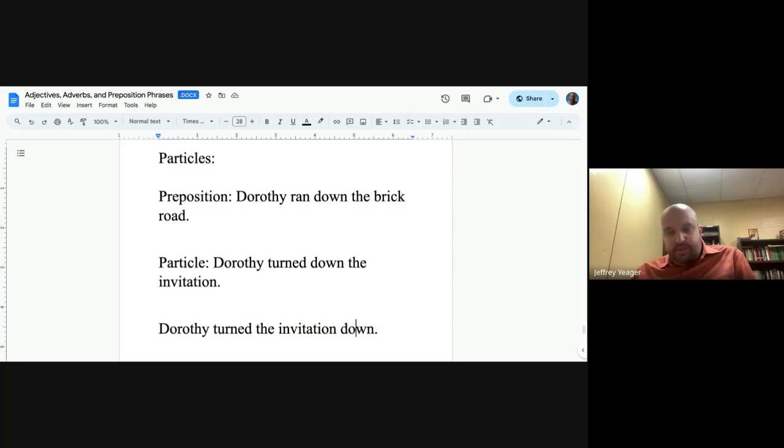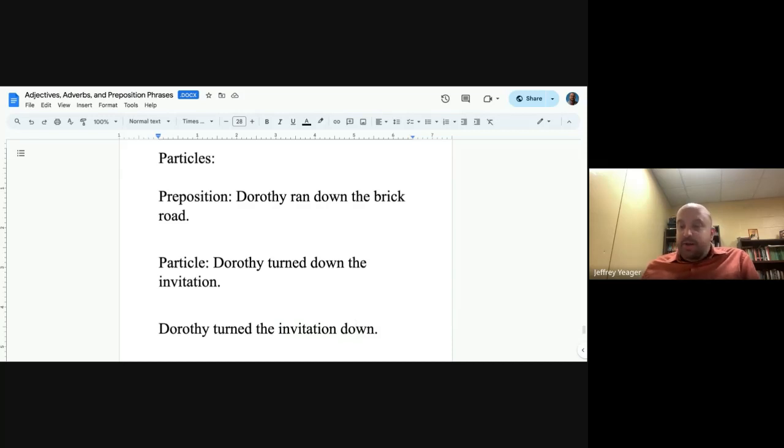So the question asks you, is the underlined word a preposition or particle? All right, let me see. Remember, if it's a preposition, it has an object. If it's a particle, it does not.